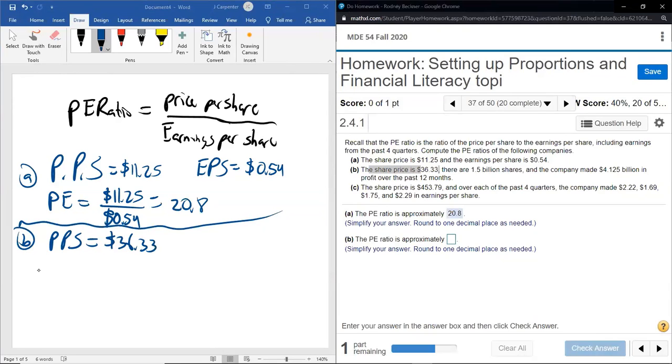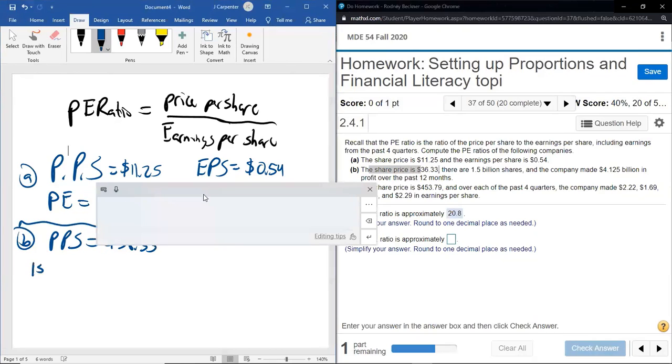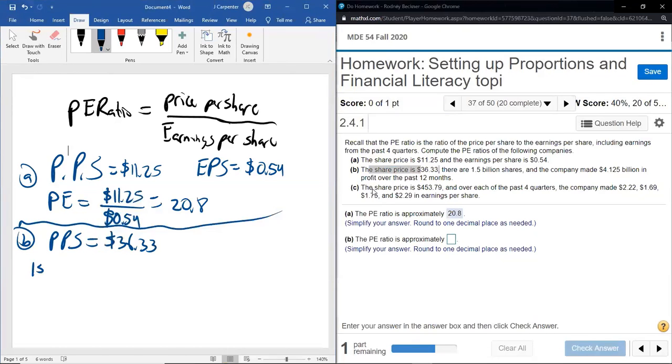So what we have to do is first, I cannot stand when that happens. First, we need to find the EPS, the earnings per share, which is literally the earnings per, which means division, and then the number of shares.